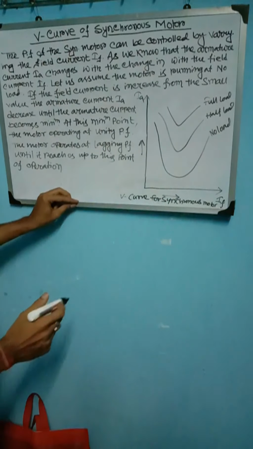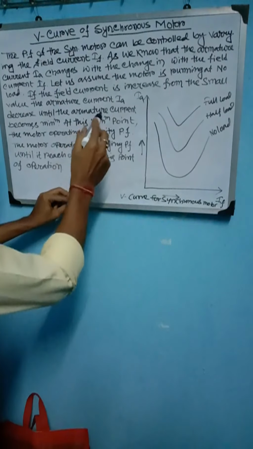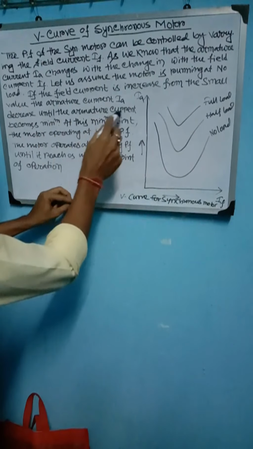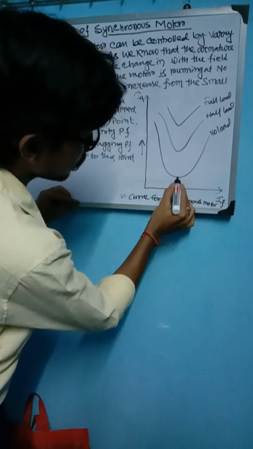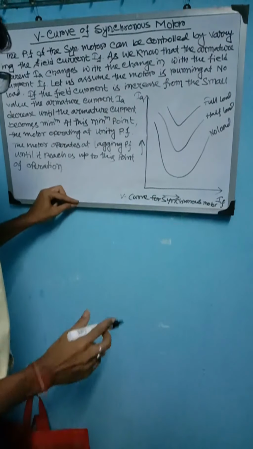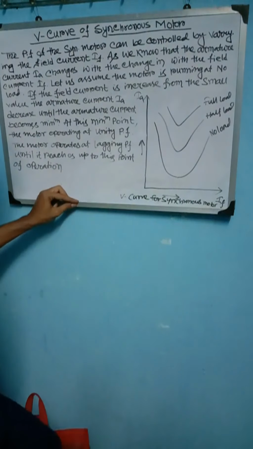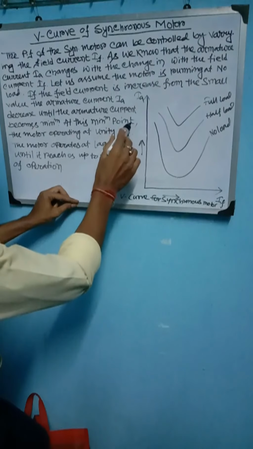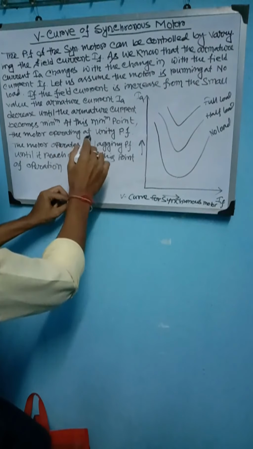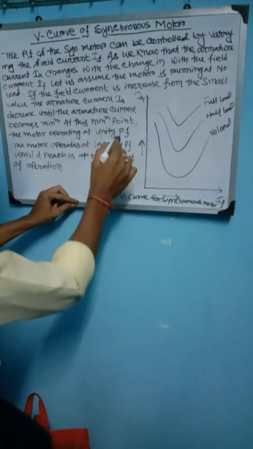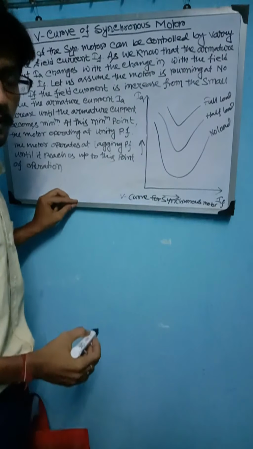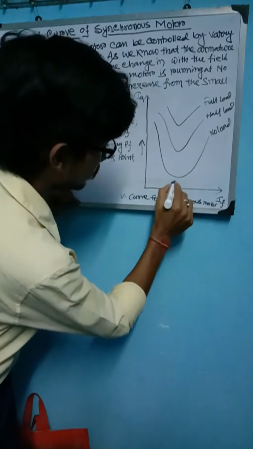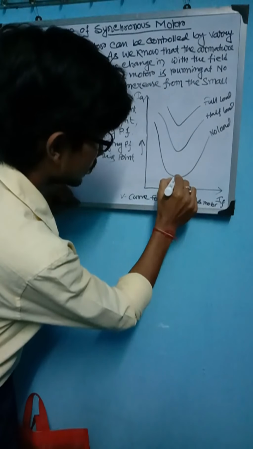until the armature current becomes minimum. So here the armature current is minimum. At this minimum point, the motor is operating at unity power factor. So here the motor is operating at unity power factor in this line.